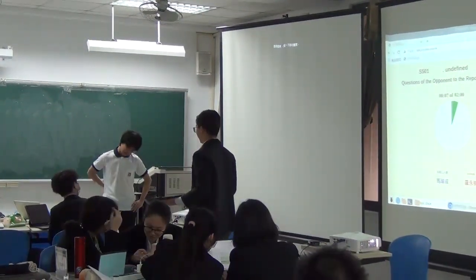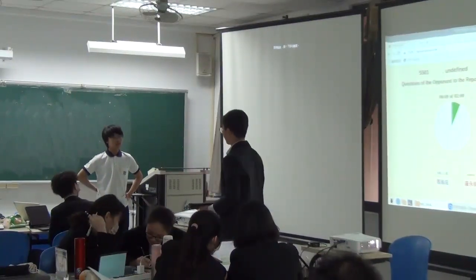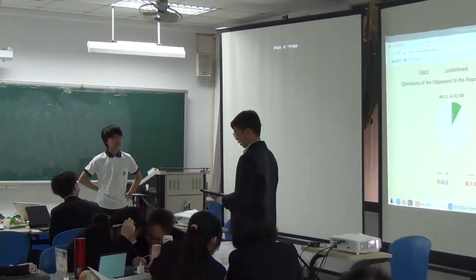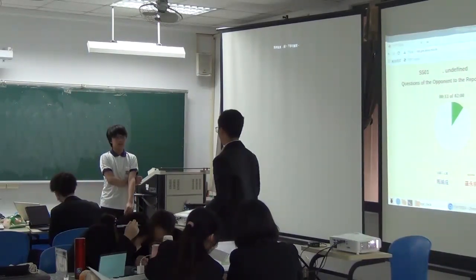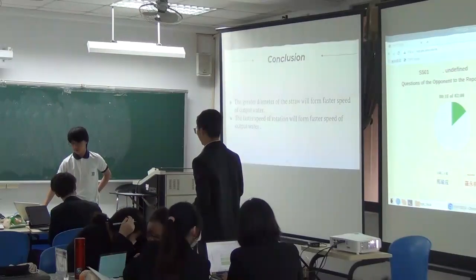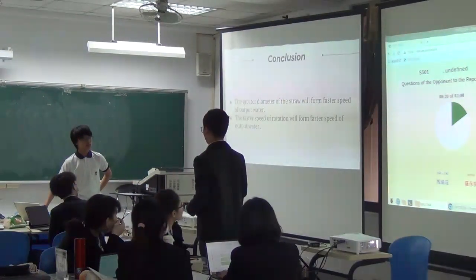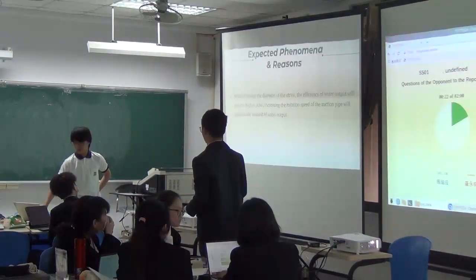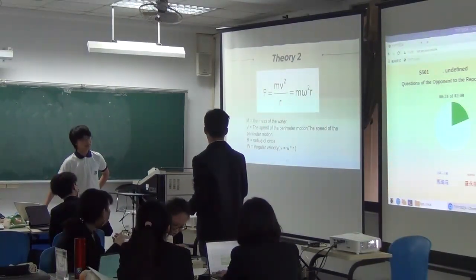So how do you define the thickness of the straw? Is that the radius of the straw? Yes. Okay. So as you stated in your first diagram, I think, do you consider the centrifugal force to be the governing force of the whole experiment? In which diagram? Yes. You do.